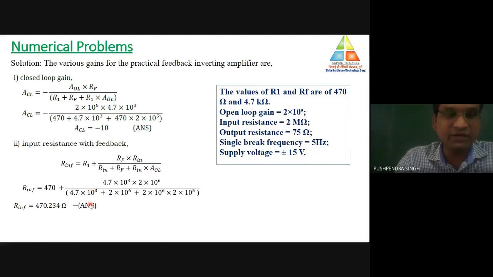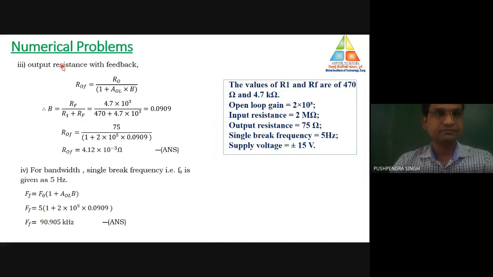Again substitute the values and calculate the result. So result is 470.234. You can see all the problems are related to the given values only. Just substitute the value into the formula and you will get the result.